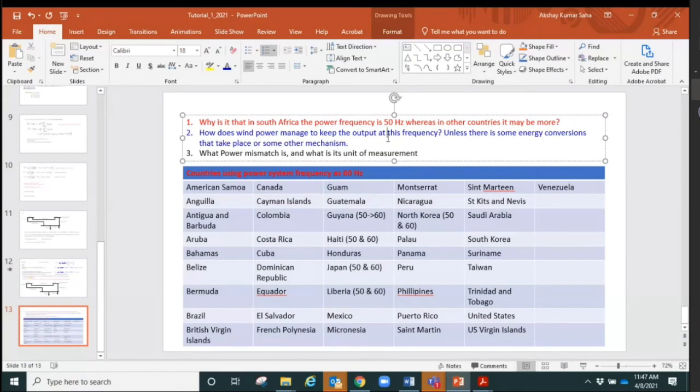What is power mismatch and what is the unit of measurement for power mismatch? So power mismatch is something that becomes especially relevant with load flow study. Imagine we have buses in our power system and we generalize them using the letter i, so the ith bus.